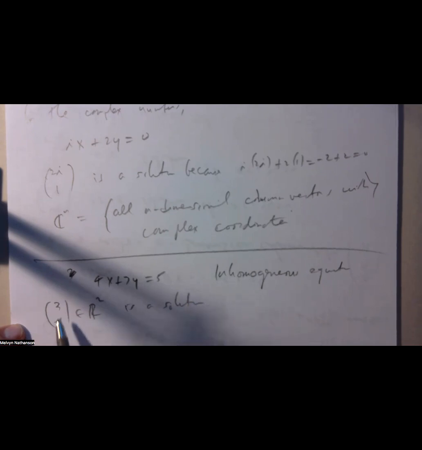It's in R2 because the coordinates are real and the dimension is 2. The number of coordinates is 2. Why is this a solution? 4 times 3 plus 7 times minus 1 is 12 minus 7, which is 5. So that's the solution.